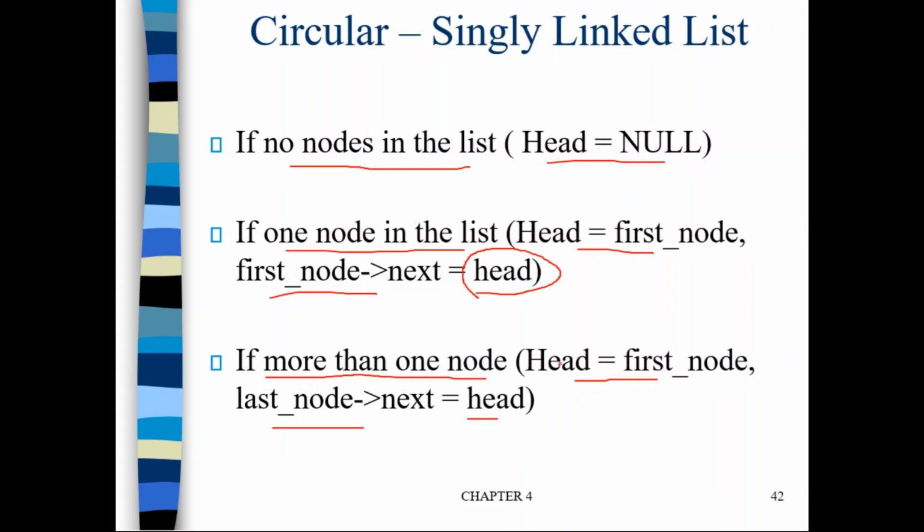Head is pointing to the first node. Ignore these caps, small, all these things, it's just for understanding. Similarly here also the first node's next is pointing to where head is pointing, the first node. So the first node's next is pointing to the first node itself. So this is the basic understanding of a circular singly linked list.